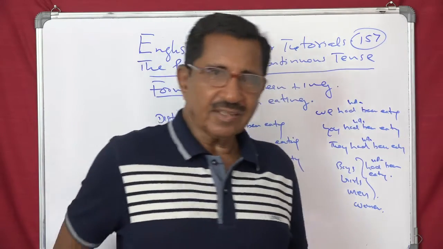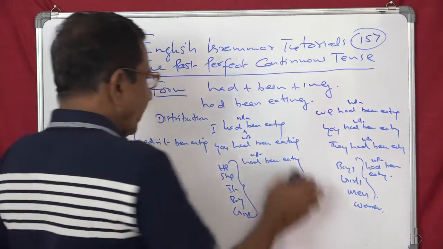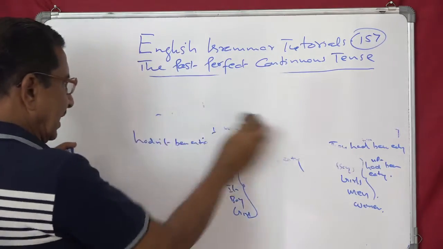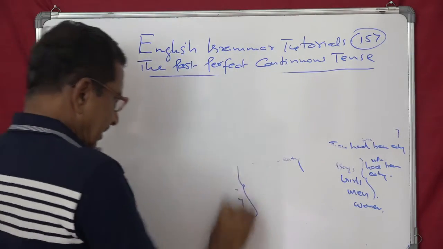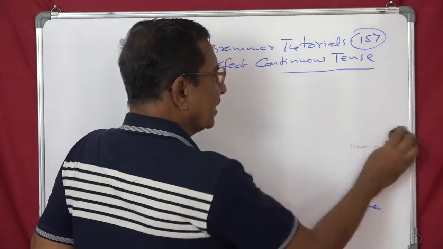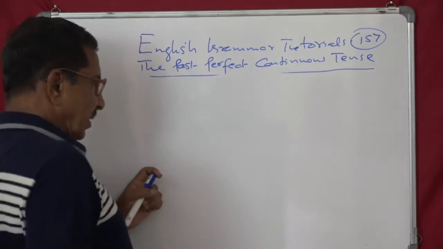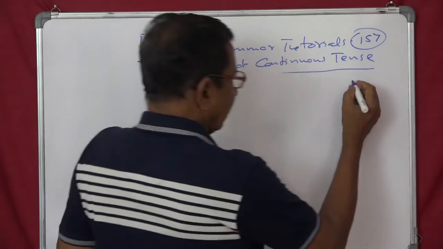Thus you can generate some 100 sentences by taking 10 verbs.